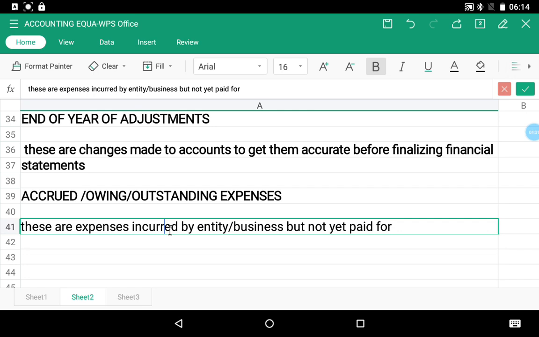It is still your obligation to pay that rent, so for that trading period you will add that accrued rent. Then in the financial position, you put it under current liabilities because it is your obligation. You have already used it, but you have not yet paid it.